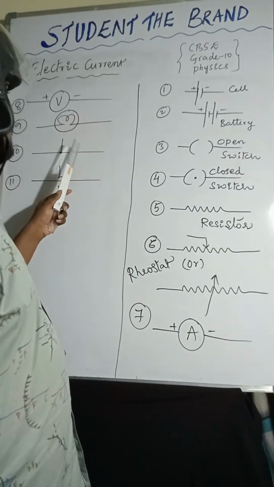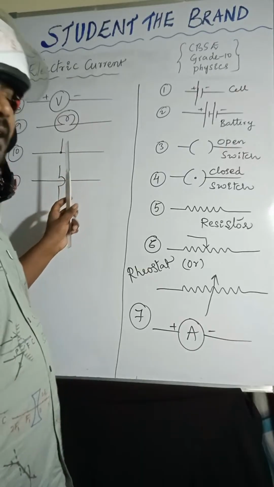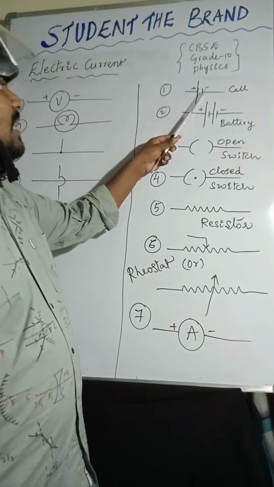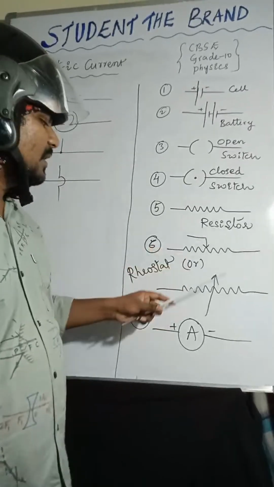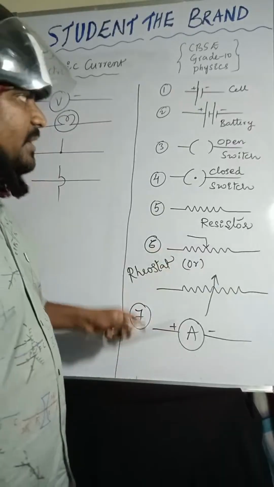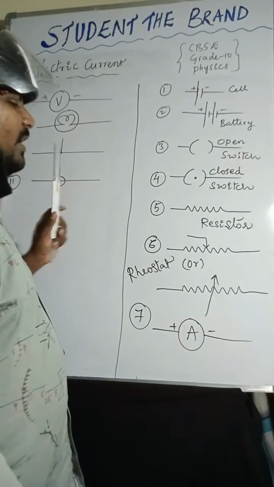Then wire joining and wire crossing. Once again: cell, battery, open switch, closed switch, resistor, rheostat, ammeter, voltmeter, bulb, wire joining, wire crossing.